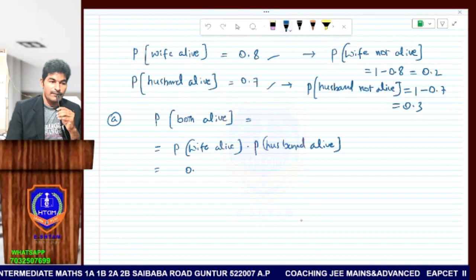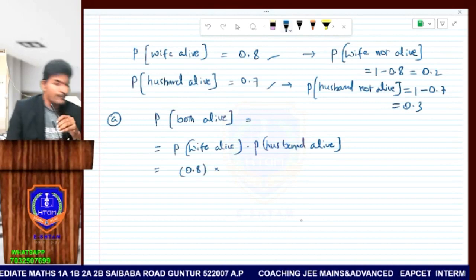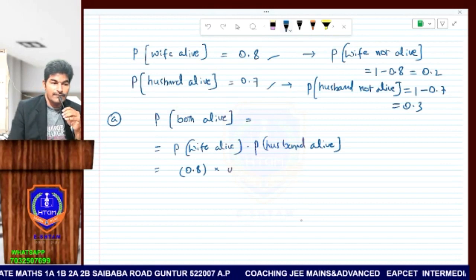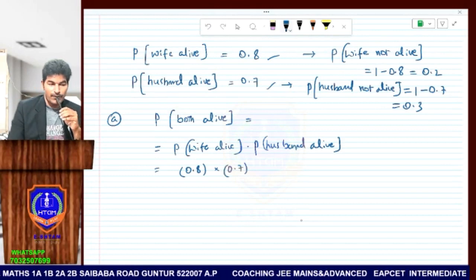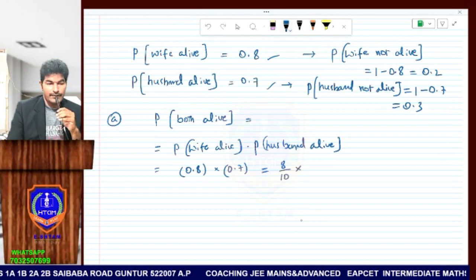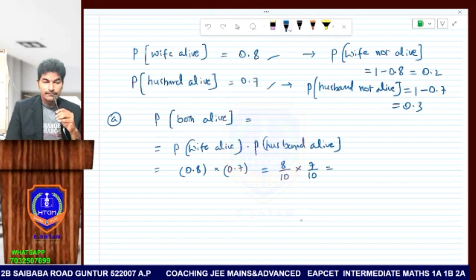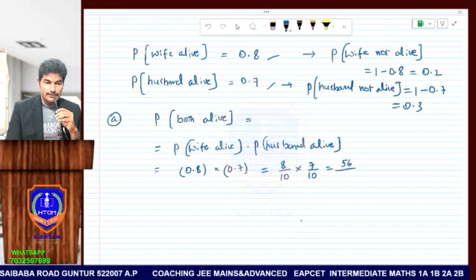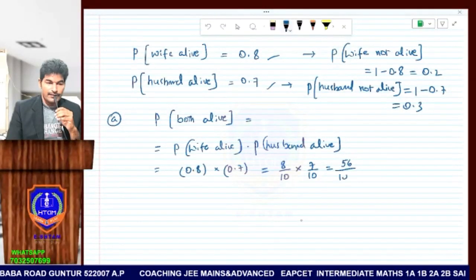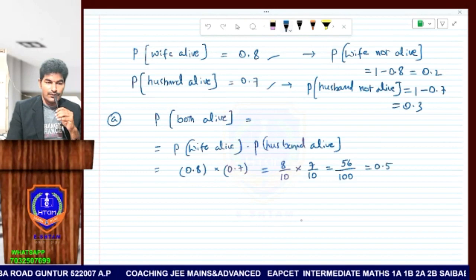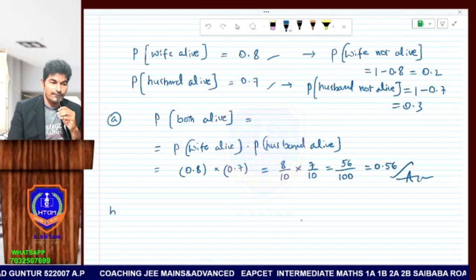So that is nothing but multiplying both of these values together, 0.8 into 0.7. 0.8 means 8 by 10 and 0.7 means 7 by 10. 8 sevens are 56, divided by 100, which is equal to 0.56. This is the answer for the first question.